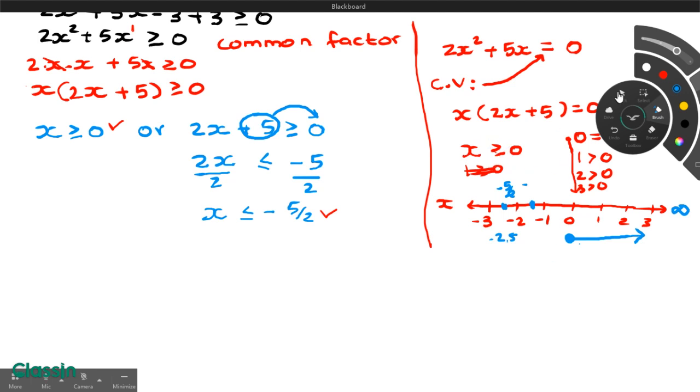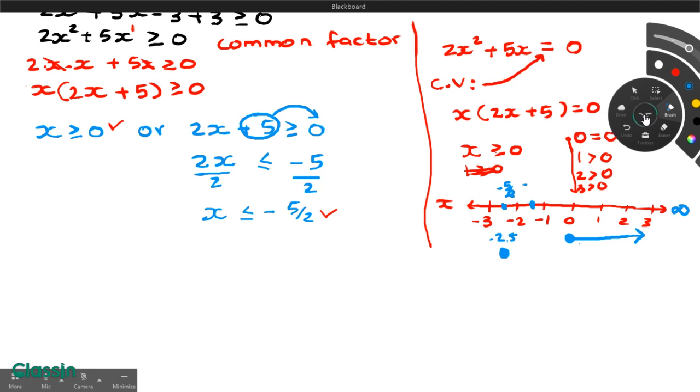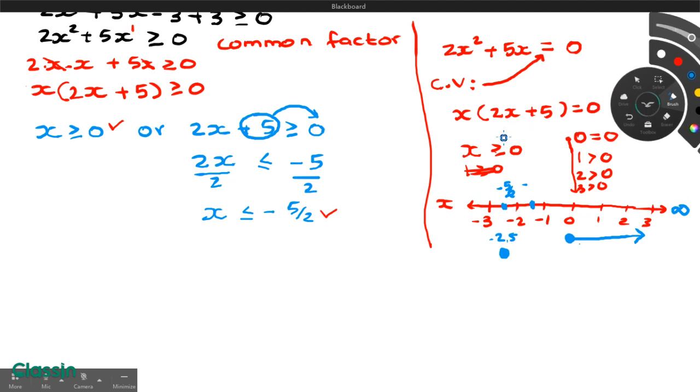Because they said greater or equal, now on these very values that we found, we are going to put our dot. Right. So if I put the value of x, remember we said if you put the value of x here as 0, you're going to get a value that is equal to 0, because 0 multiplied by a bracket is 0.